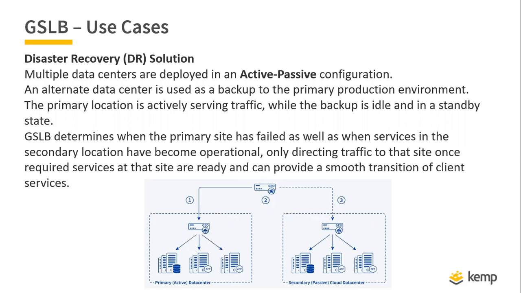So the users won't feel any downtime, and they won't see any error code in their web browser. The users will operate as normal, and from the backend, the GSLB will help divert the traffic and the connections to the secondary data center.